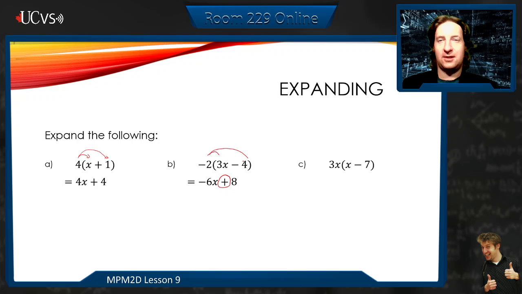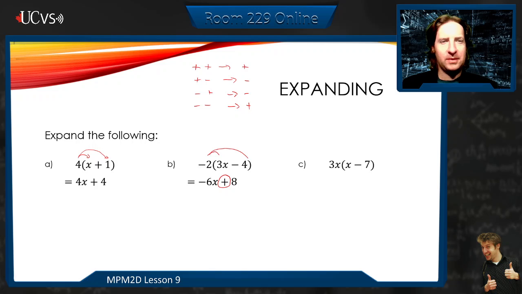If the signs are the same, it'll always make it positive. If the two things multiplied have opposite signs, we end up with a negative, right? So positive and positive make a positive, positive and negative make a negative, negative and positive make a negative, negative and negative make a positive. Okay? Just a quick little refresher there.